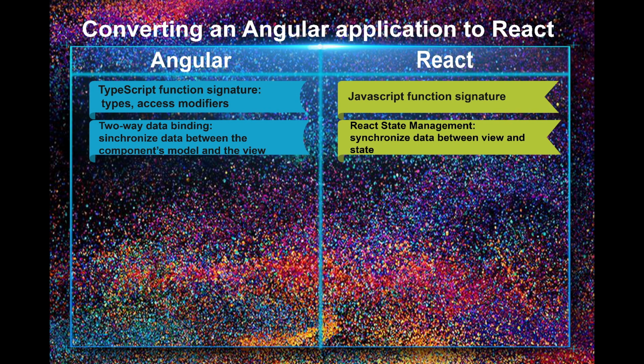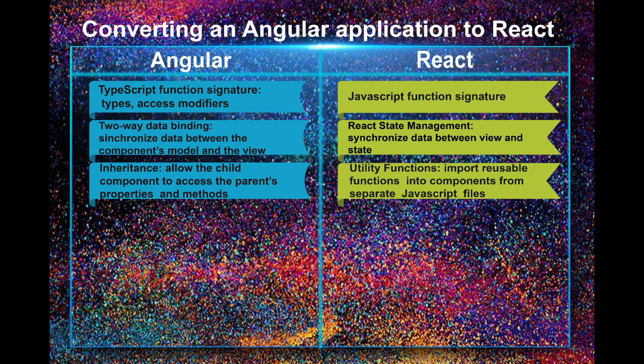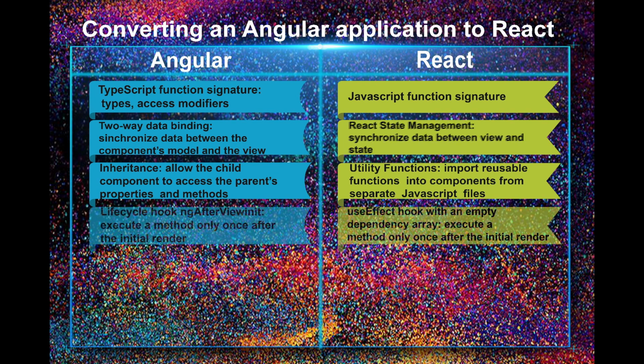React uses React State Management to synchronize data between view and state. Angular components use inheritance, which allows child components to access the properties and methods of the parent component. React functional components use utility functions to import reusable functions into components from separate JavaScript files.